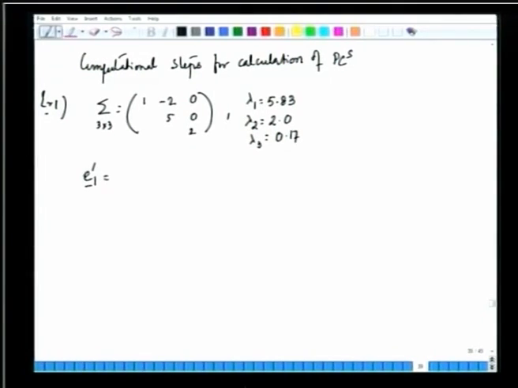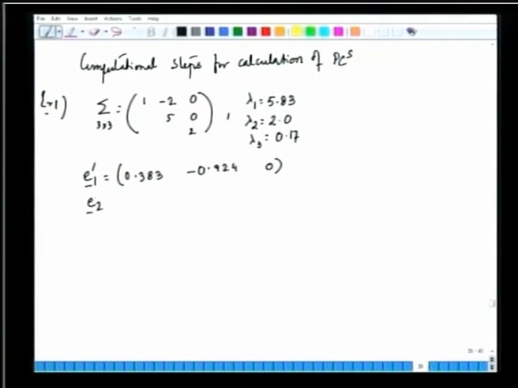First I get the eigenvectors and then orthonormalize them. E1, the orthonormal eigenvector corresponding to lambda 1 equal to 5.83, is 0.383, minus 0.924, and then 0.